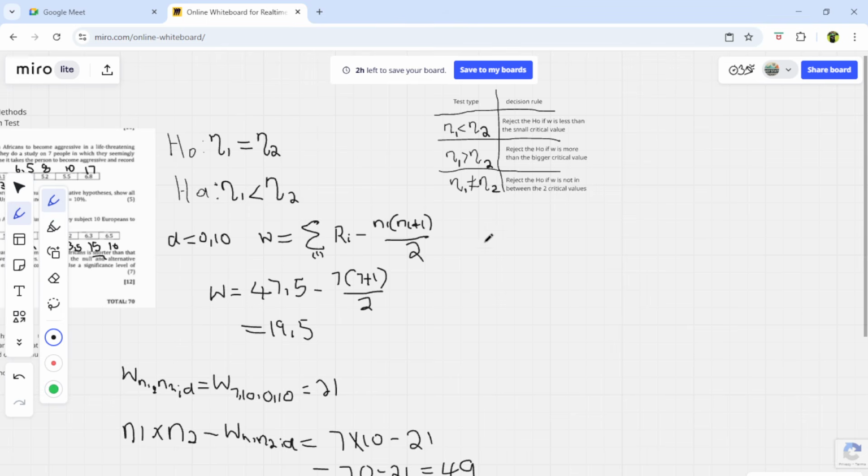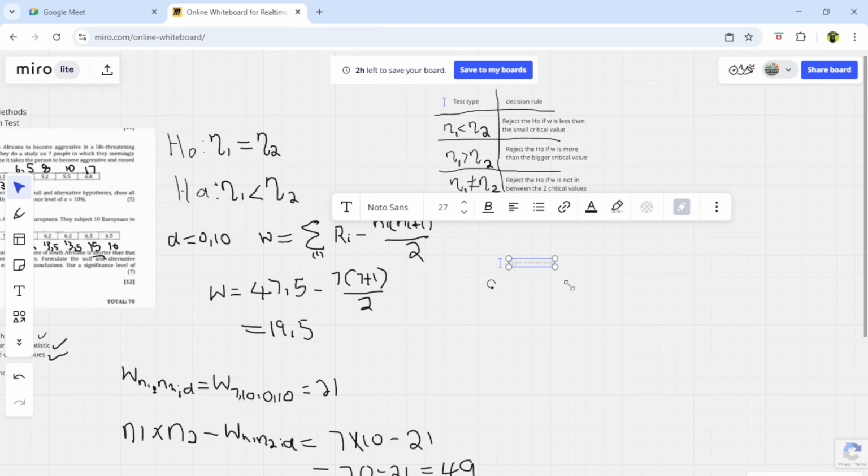Now we're going to write it statistically in a correct formal way. We're stating the decision rule now.